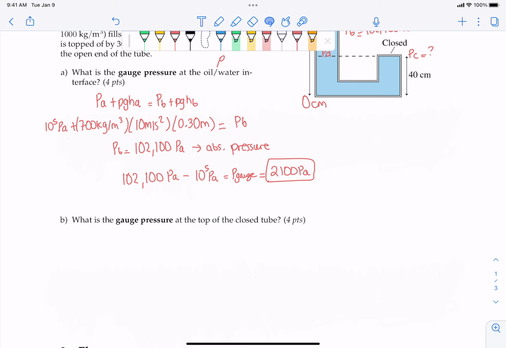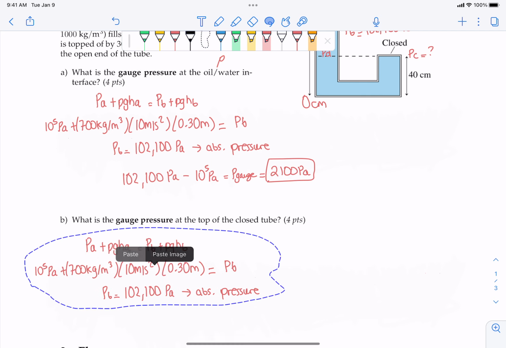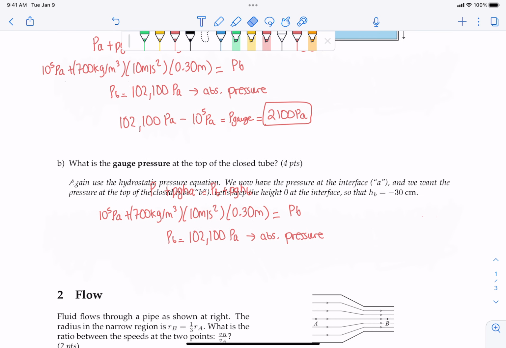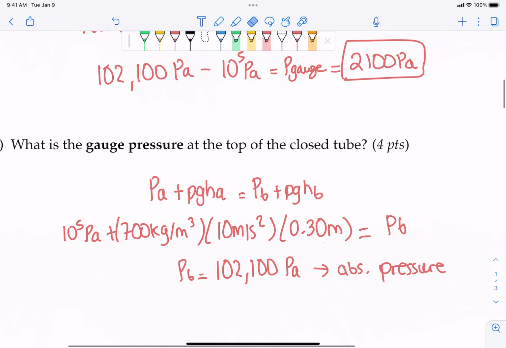You know what? Matter of fact, PB, there we go. That works.